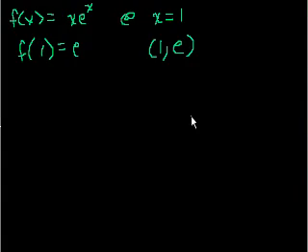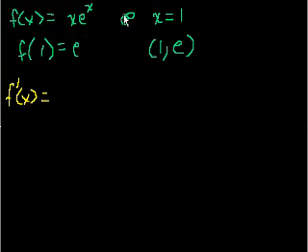So the first thing we want to know is the slope of the tangent line, and that's just the derivative at this point, when x is equal to 1, or at the point 1 comma e. So what's the derivative of this? So f prime of x is equal to, well, this looks like a job for the product rule, because we know how to figure out the derivative of x, we know how to figure out the derivative of e to the x, and they're just multiplying by each other.